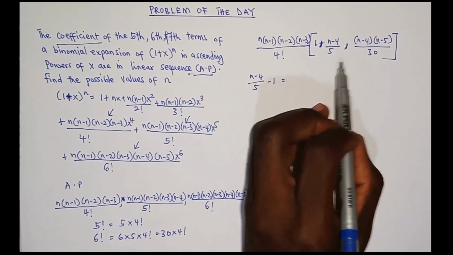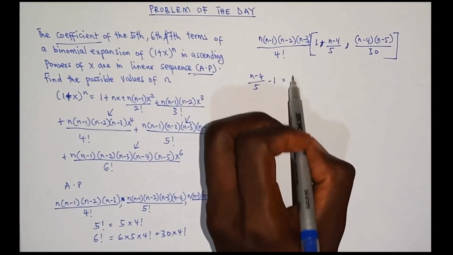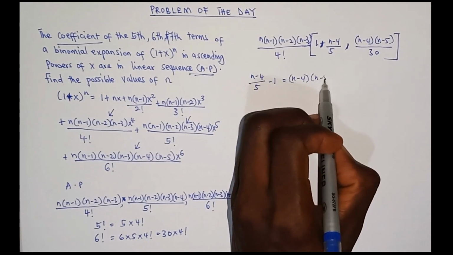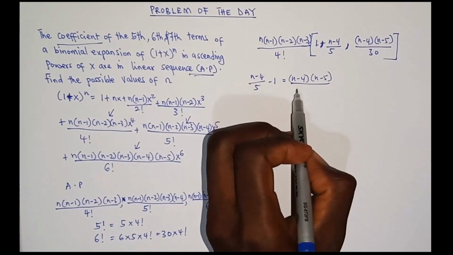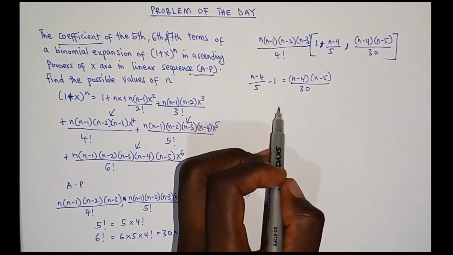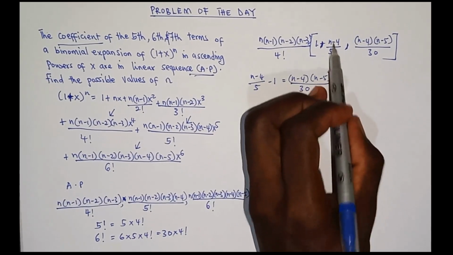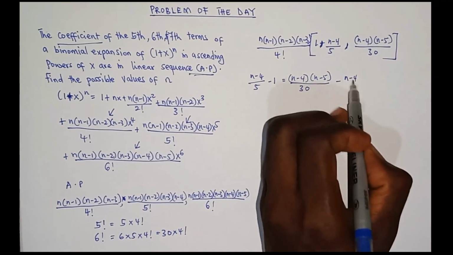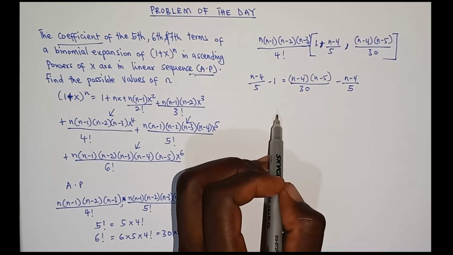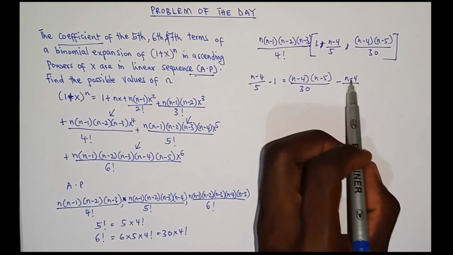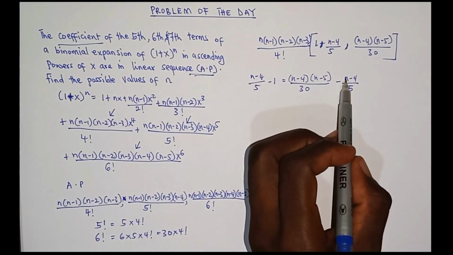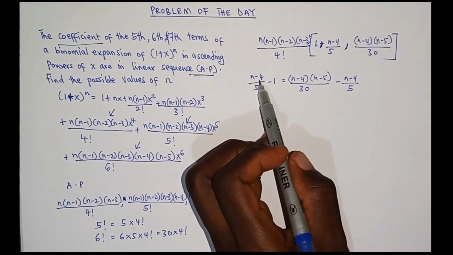It is equal to the difference between the second two terms, which is (n − 4)(n − 5)/30 minus (n − 4)/5. So there's (n − 4)/5 here and here, so we can move this one here.